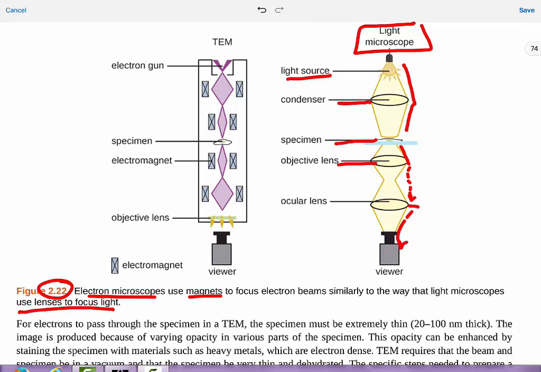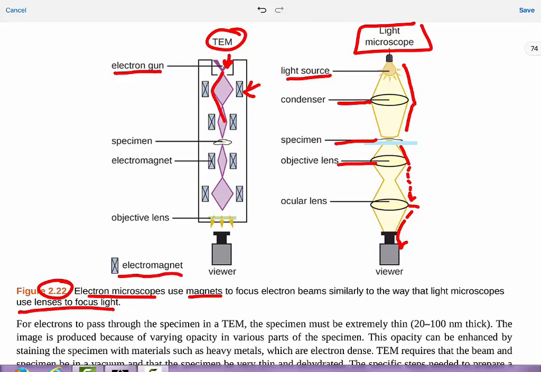Then over here we have our electron microscope, in this case the TEM. We have our electron gun. Remember, this is going to be shooting beams of electrons. We shoot the beams of electrons, and then these right here are our magnets. Here you can see electromagnet.